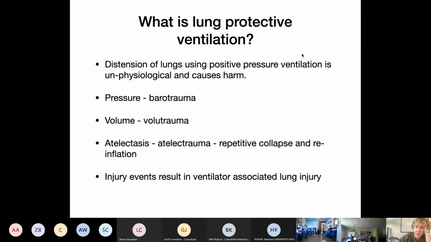And that harm can be in the form of barotrauma through excessive pressure being applied, volutrauma through excessive distension, and atelectrauma, which is the repetitive collapse and reinflation of the alveolar units. And these injury events result in a ventilator-associated lung injury.